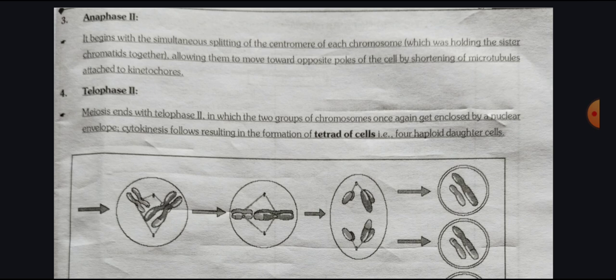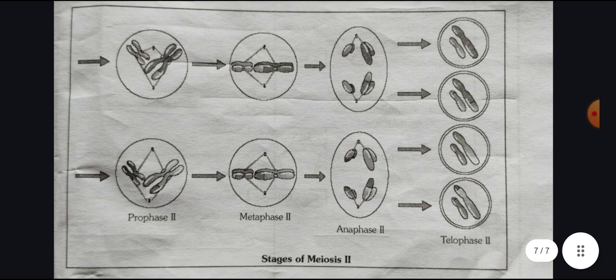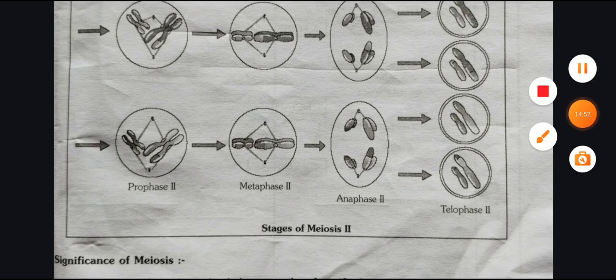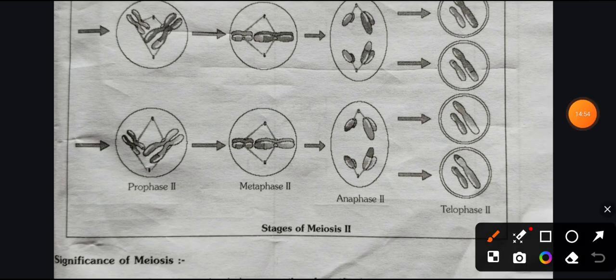Meiosis ends with telophase two, in which the two groups of chromosomes once again get enclosed by a nuclear envelope. Cytokinesis follows, resulting in the formation of a tetrad of cells, for example, four haploid daughter cells. Prophase two, metaphase two, anaphase two, and telophase two.